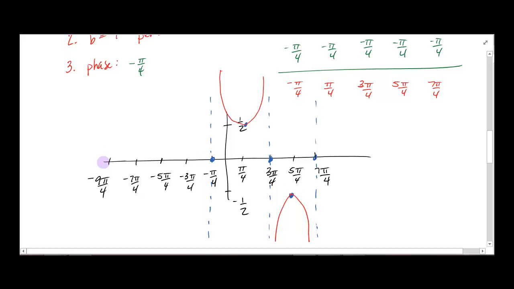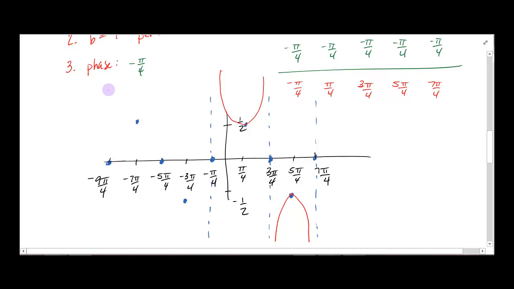So let's do that on this next period over here. I'm going to lay out what my sine function looked like. If I am crossing here, then I would go down for sine, I would cross, I would max out over here, and then I would come back and cross again.